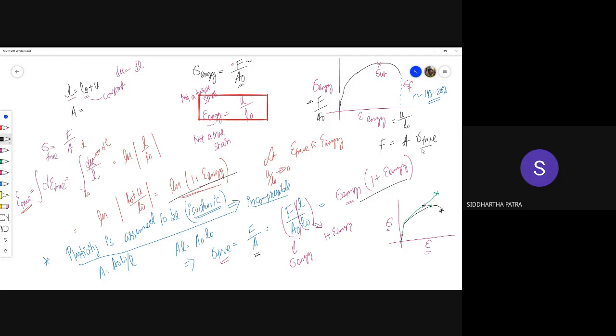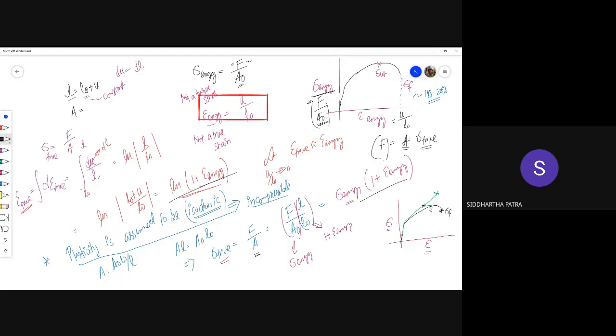So the true stress may still be increasing, but the current cross section, which is gradually reducing from A0, is so much smaller that you ultimately observe the fracture to happen at a smaller F value. But since you are measuring the engineering stress with the original cross-section area, you find that the fracture stress is actually smaller than the ultimate stress.